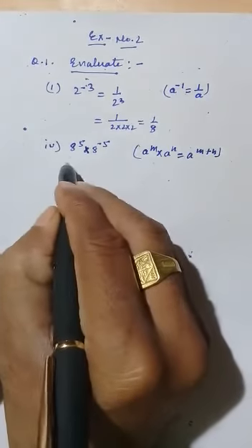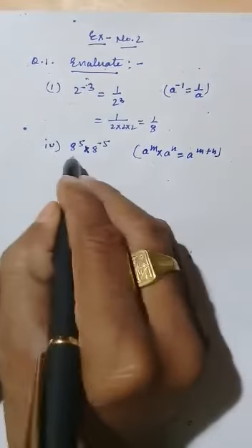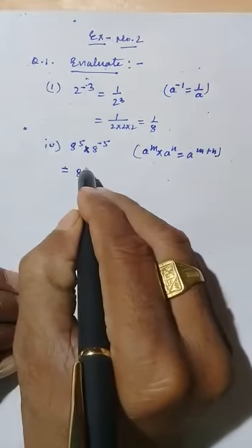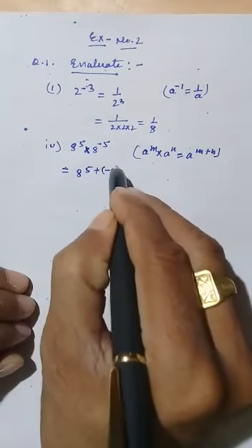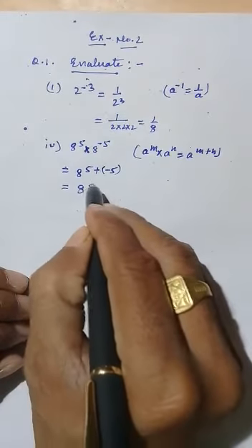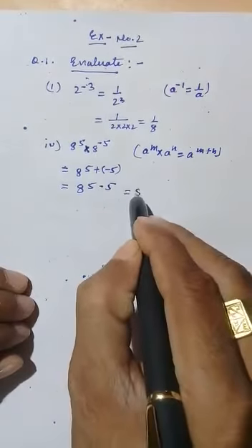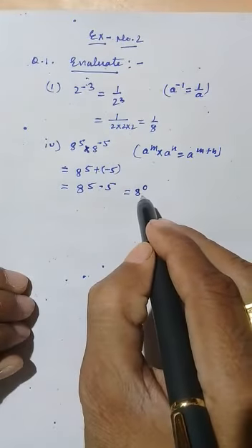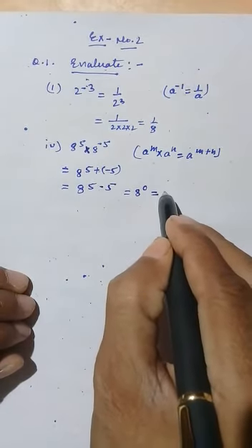So the value of this sum will be equal to a to the power 5 plus minus 5, a to the power 5 minus 5, so a to the power 0, and if any exponent has 0 power, its value becomes 1.